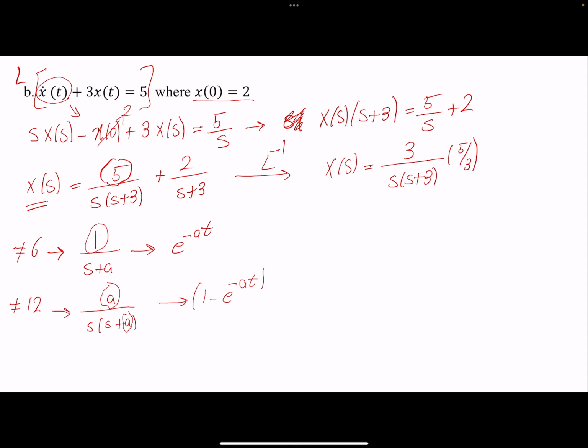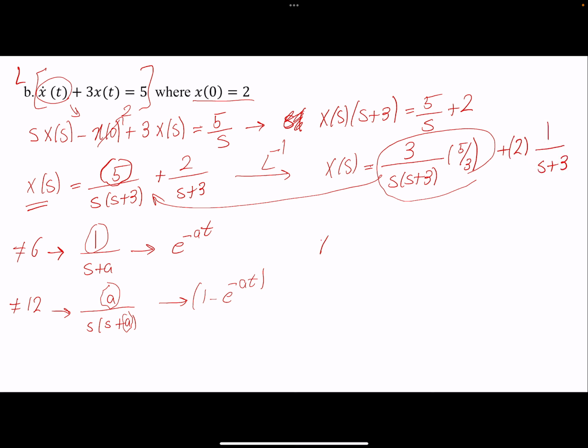So during simplification, I'm not changing my actual function. So these two values, this fraction that I've developed here, is the same as here. I just rearrange it so I can apply the rules better. The other rule that we had was 1 over s plus a, the numerator should be 1. So this one is easy. I can just separate the two from my function.